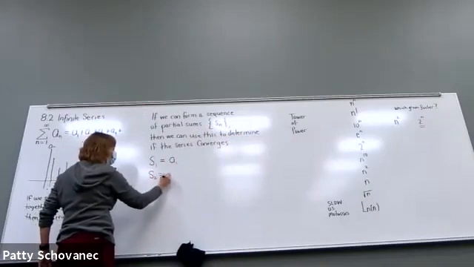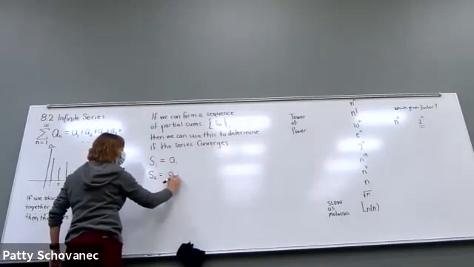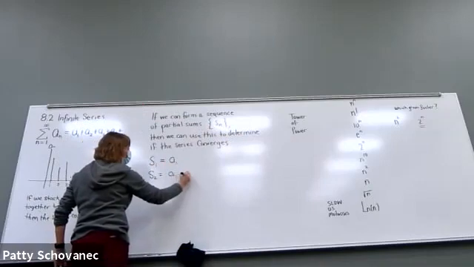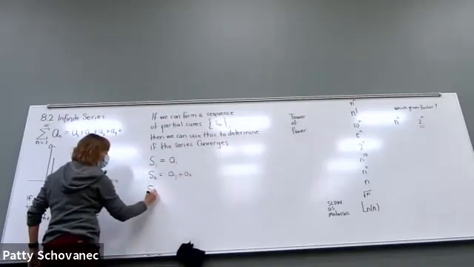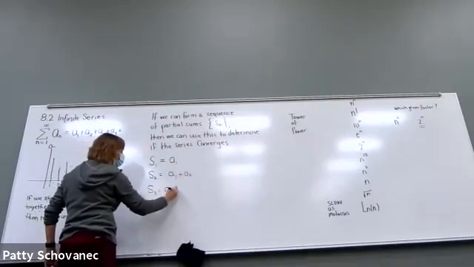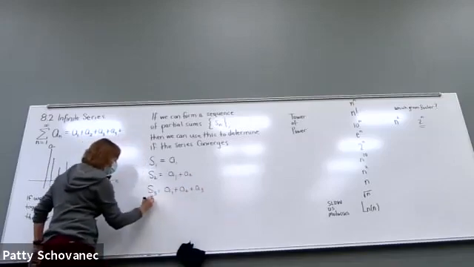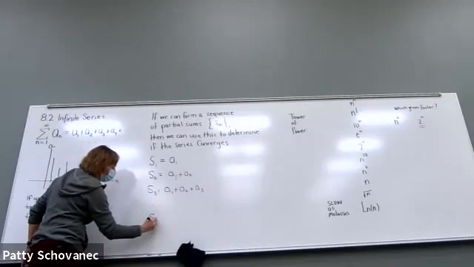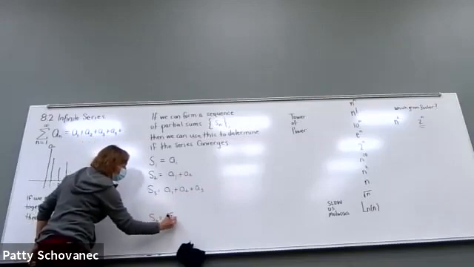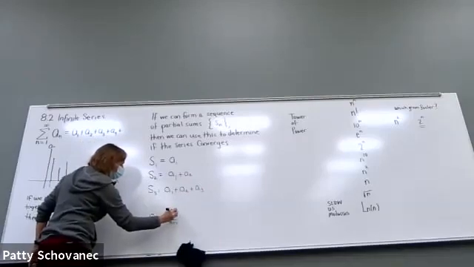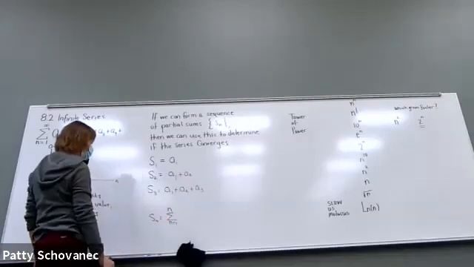S2 is the sum of the first two terms. S3 is the sum of the first three terms. And so on, so that S_n is the sum. Oh, I shouldn't use the same as my counter.